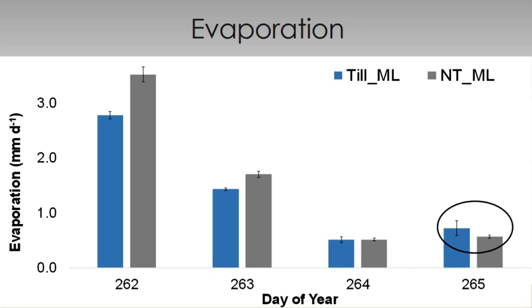We believe this to be due to the soil going from being energy limited, stage 1, to stage 2, where it's more water and soil property limited, and so a higher water content at our till soil surface would have led to higher evaporation of water.